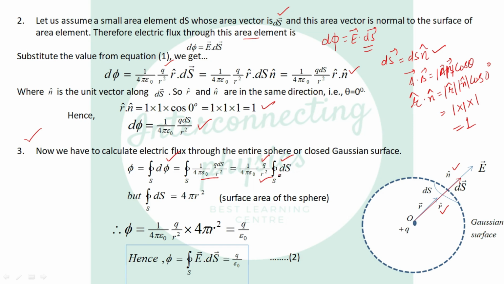We write closed integration of dS, that is the surface area of the sphere, which is 4 pi r square. 4 pi cancels out with 4 pi, r square cancels out with r square. So the answer is phi equal to Q over epsilon naught, which is Gauss theorem.